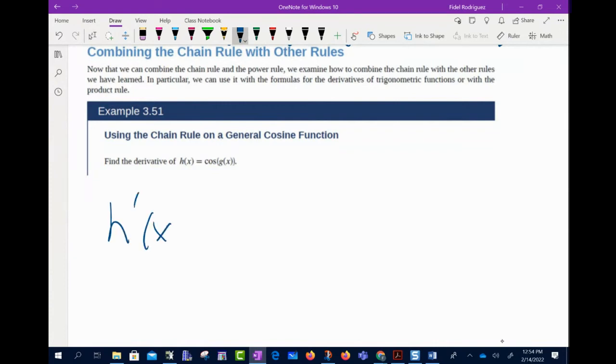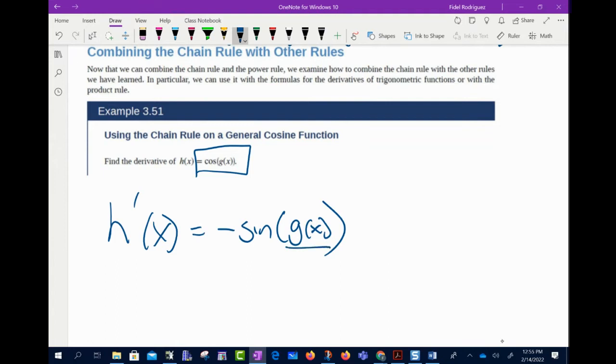So we're going to say h prime of x, okay? First question, anybody know what the derivative of a cosine is? Negative sine, right? And in this case, it's going to be the negative sine of g of x, because that's what I have inside, okay? And then, y'all, we have to take the derivative of this piece here.